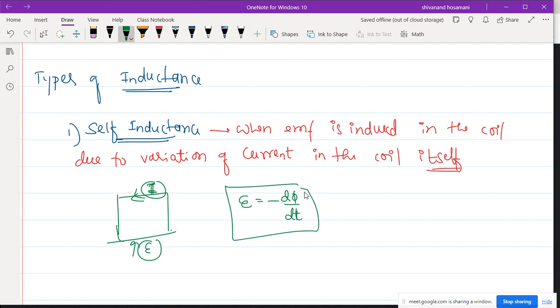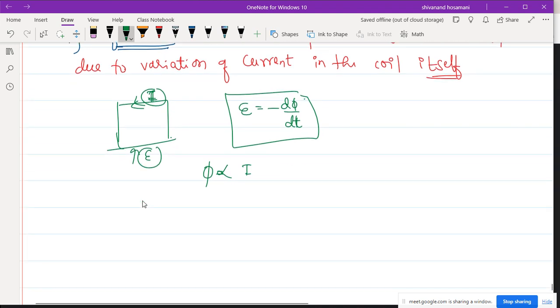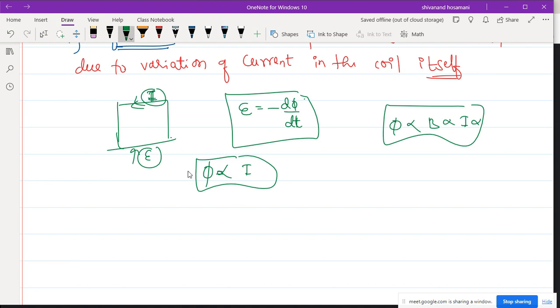The magnetic flux depends on the current: B is directly proportional to I, and phi is directly proportional to B, so phi is directly proportional to I. For a self-induced coil, we define the flux as L I.